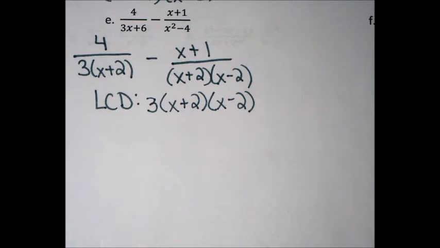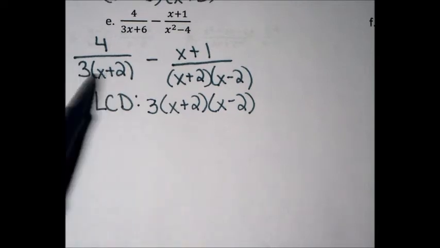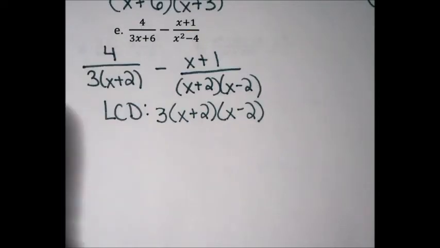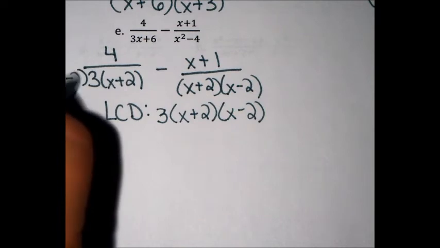Next, we're looking for what each of them needs in order to make their LCD. For this fraction, it has a 3, it has an x plus 2, but it does not have an x minus 2.